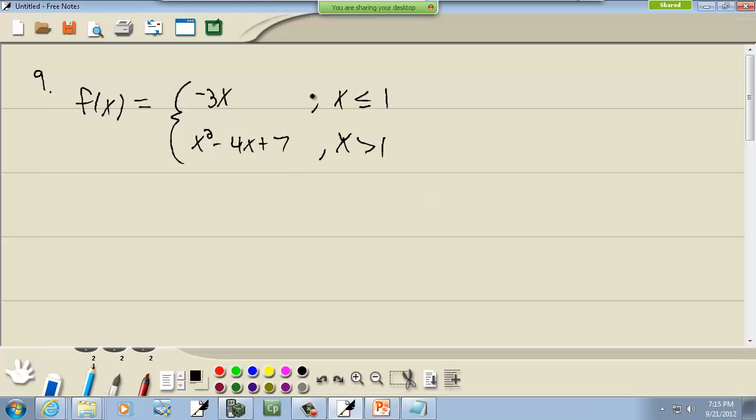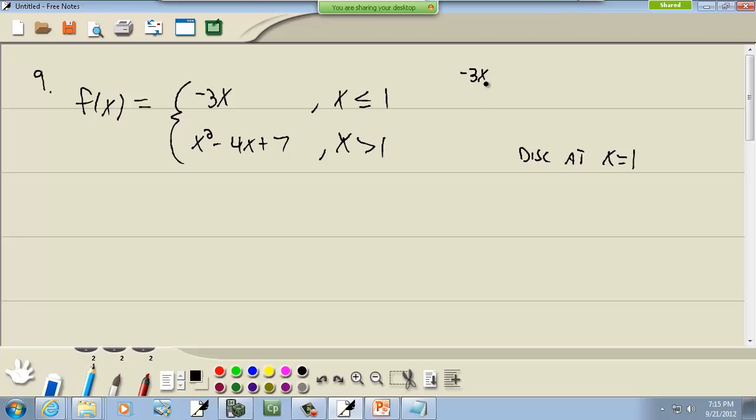If I plug in 1 here, we got negative 3 times 1, that gives us negative 3. If we plug in 1 here, we got 1 squared minus 4 times 1, that gives me negative 3, plus 7 gives us 4. So these don't actually meet. They got a discontinuity at x is equal to 1. So again, what I did there is I took where it changed over, 1 was where it changed.